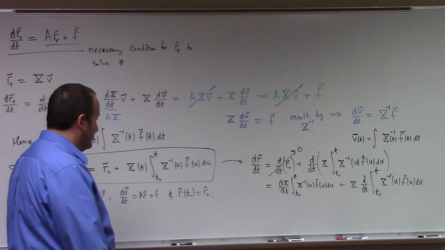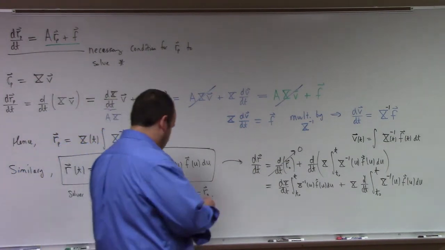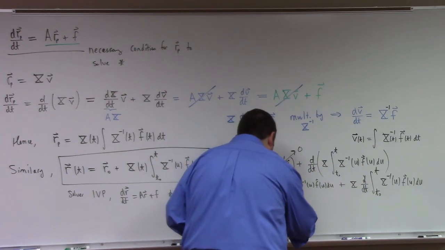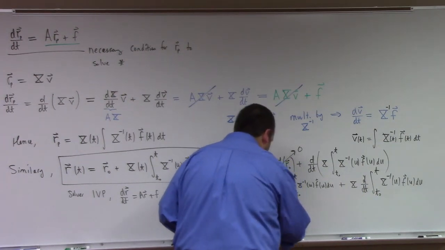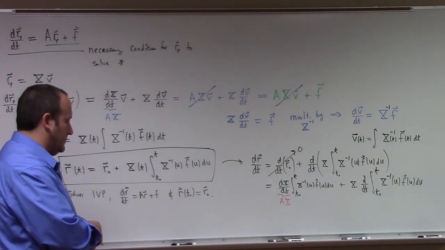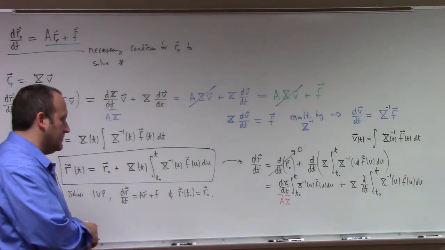Which is what? We know dx dt is ax. And how about the derivative of the integral with the variable bound?